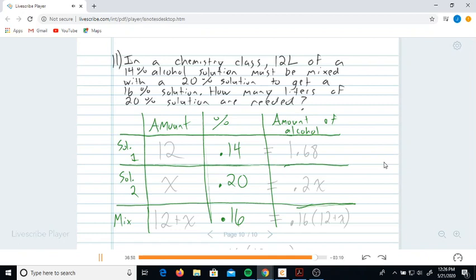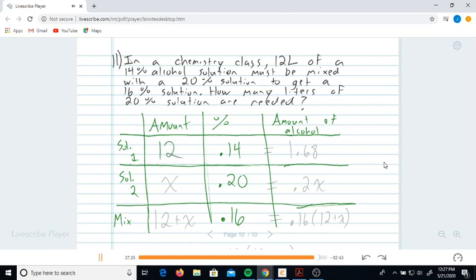So you're going to get something in between the two. Now, if I use mostly 14% solution, then the concentration will be closer to 14%. If I use mostly 20% solution, then the concentration will be closer to 20%, but it's going to be somewhere in between. The analogy I use, as disgusting as it is, if I mix beer and whiskey together, you get something stronger than beer, but weaker than whiskey. You get something in between the two. That's kind of what we got going on here.